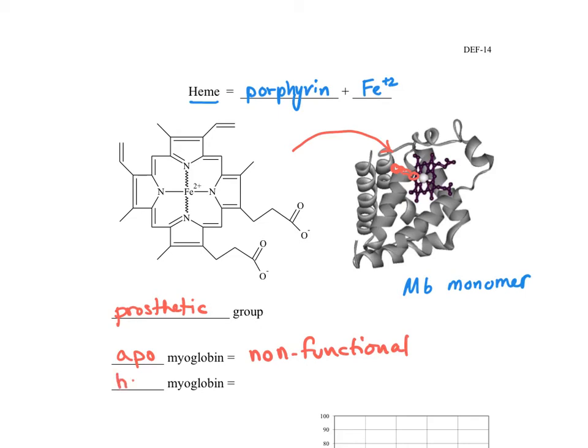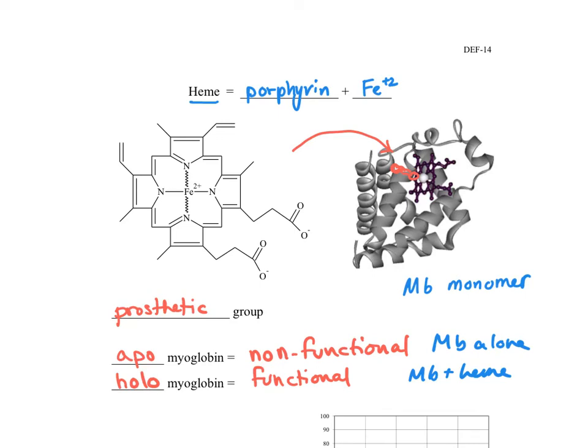We use the term holo, H-O-L-O, myoglobin, for a protein that includes the prosthetic group, and that is functional. So let's make a note of all this. Myoglobin alone is non-functional apomyoglobin. Myoglobin plus heme is a functional holomyoglobin. And those are terms that we may use in other contexts in this class, as apoproteins and holoproteins.